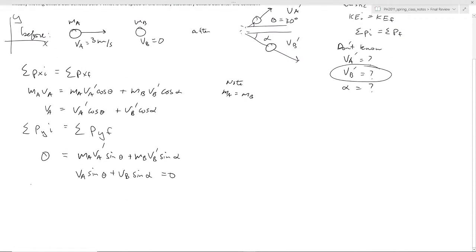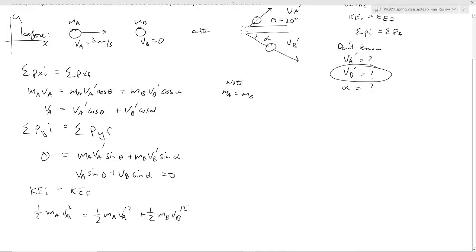And then let's also look at the kinetic energy. So the kinetic energy initial has to equal the kinetic energy final, means that this is an elastic, or perfectly elastic collision. And in this case, well, what all pieces do we have? We'll have 1/2 MA VA squared, that's going to equal 1/2 MA VA prime squared plus 1/2 MB VB prime squared.